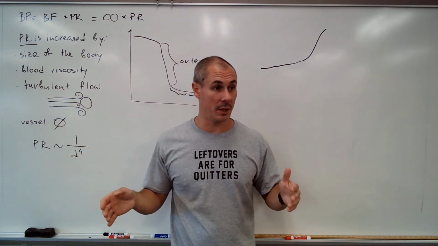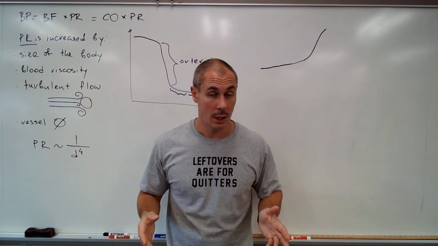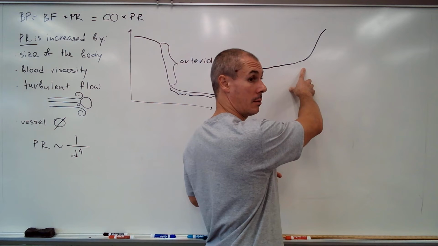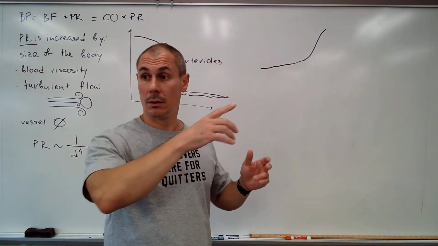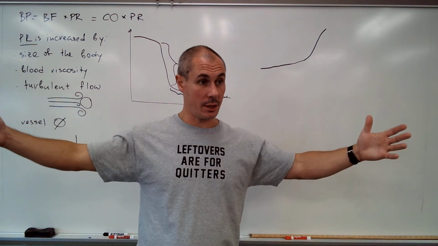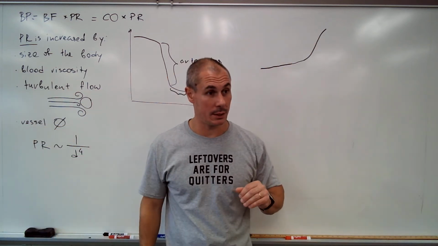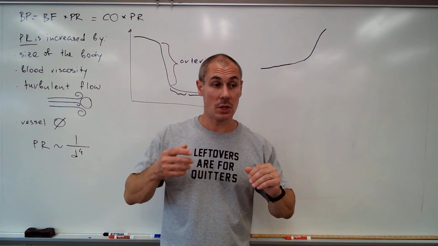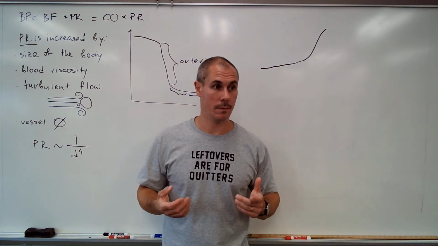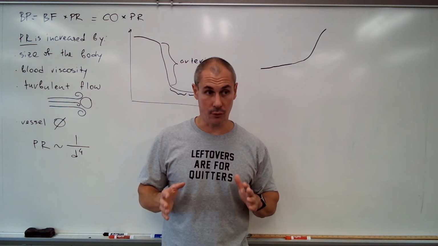The cross-sectional area of all the capillaries is enormous. So you go from a relatively small area in arterioles to a massive cross-sectional area in the capillaries. Does that make sense? And that makes the blood flow in the capillaries very slow. Are you following me?